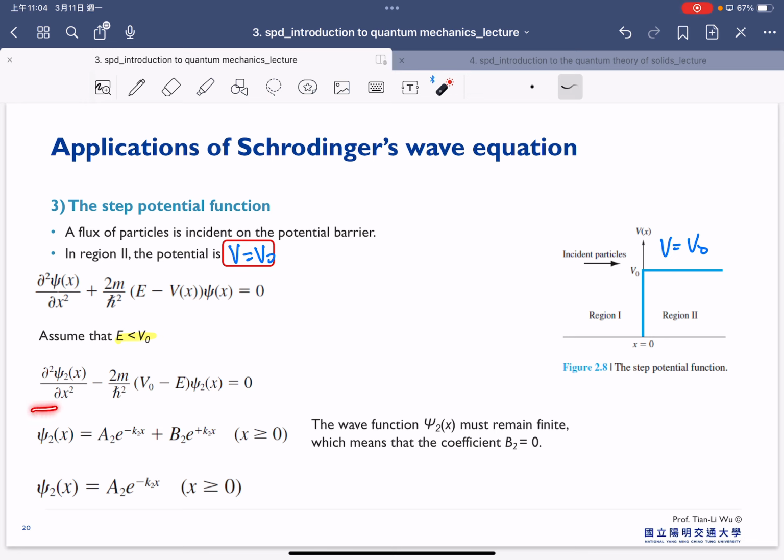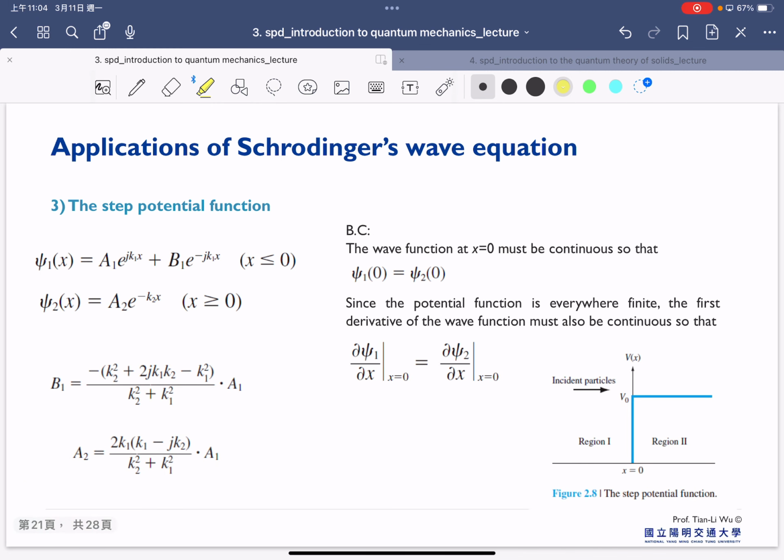And this equation will become like here. Also, the general solution of this equation can be shown in this way. Then the wave function must remain finite, so that means the coefficient B2 is equal to 0. And therefore the only possible solution is shown here, with x larger than 0.